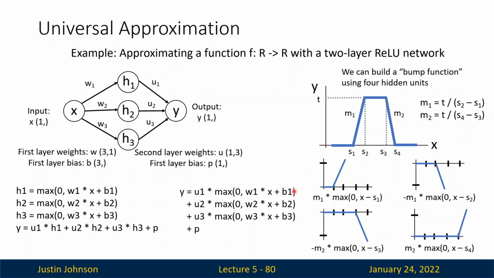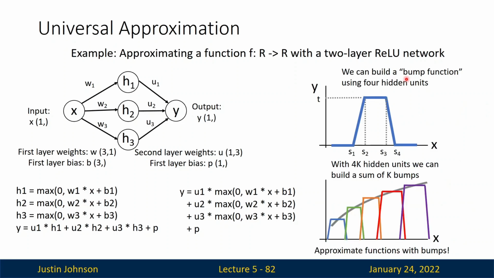The first one is this, the second one is this, the third one is this, and the fourth one is this. Combining the 4 hidden values, I can create the function, and the function is named the bump function. Okay, so if I have several bump functions like this, I can use the bump functions to approximate any kind of single value output function. Okay.